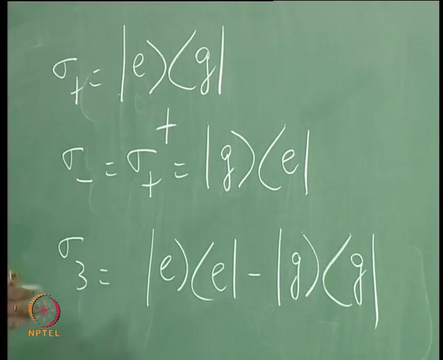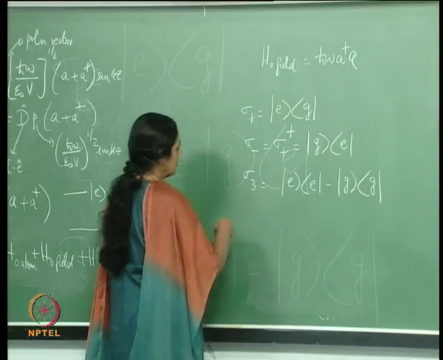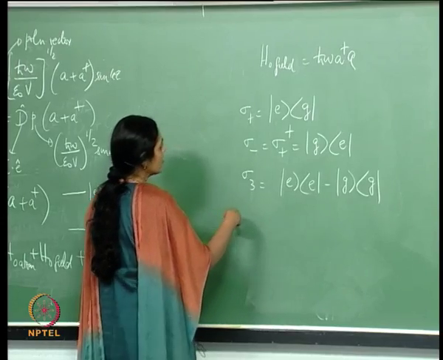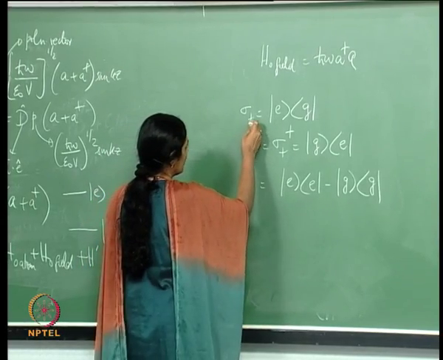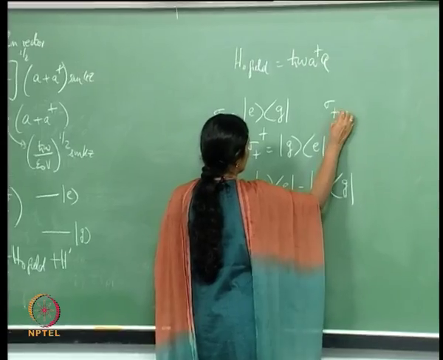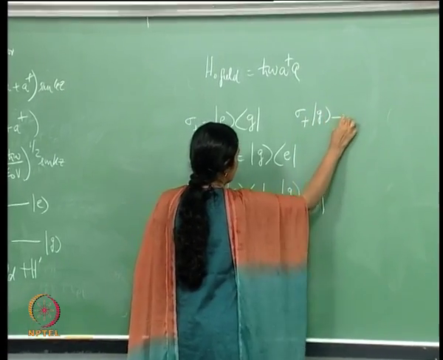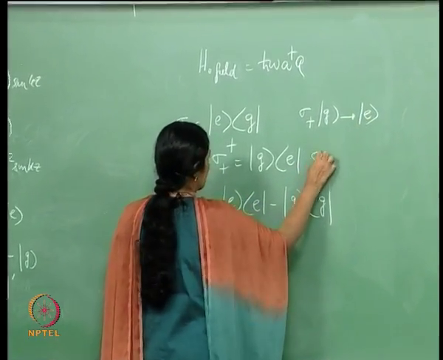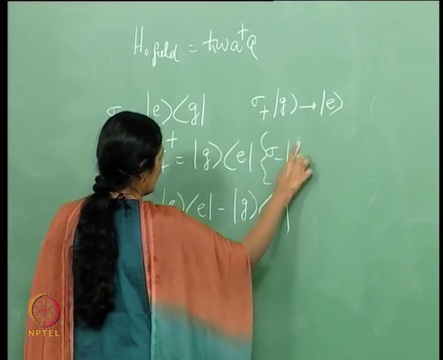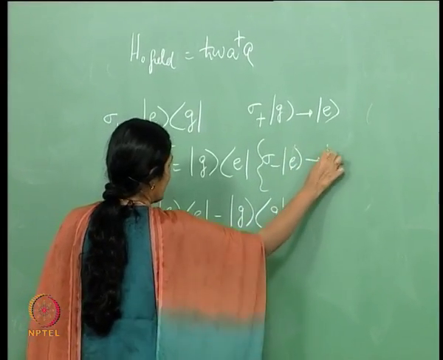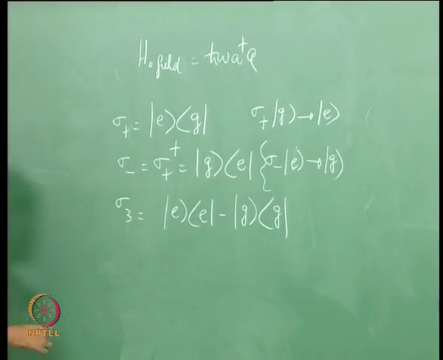Now, we checked that this satisfied the SU2 Lie algebra. One thing is for sure: if sigma plus acts on G, it takes it to E. Similarly, if sigma minus acts on E, it takes it to G, and so on. This is what I have.